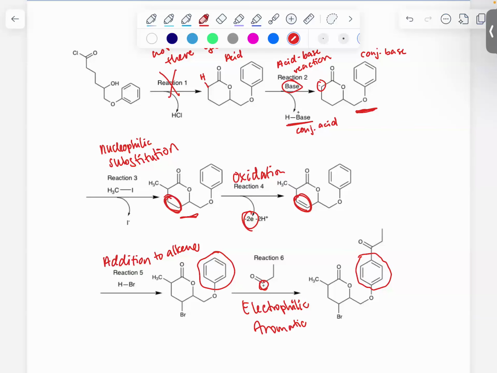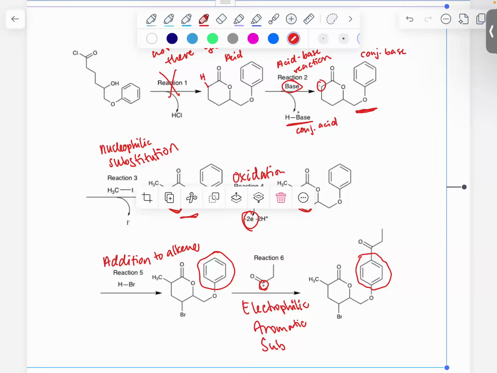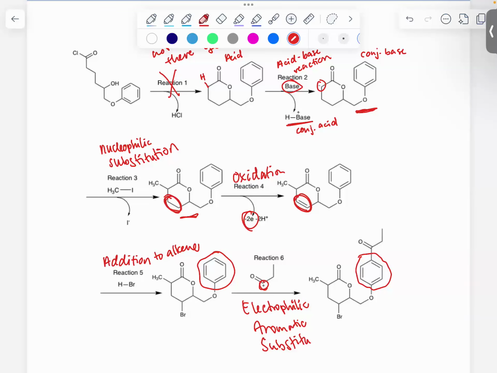And are we just adding or are we substituting? How do we feel about a question like this? The proton that was here is now not here. That's why it's a substitution. Yes.